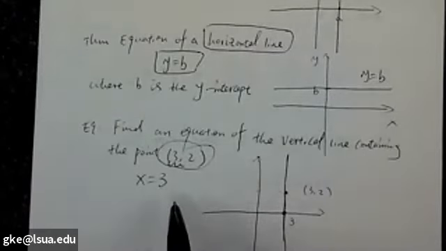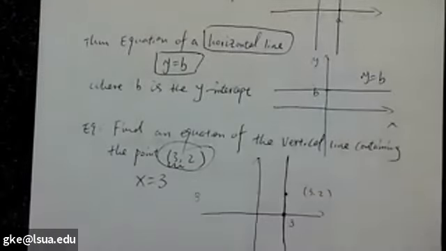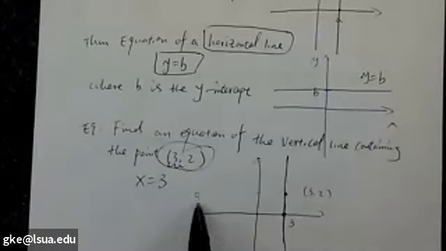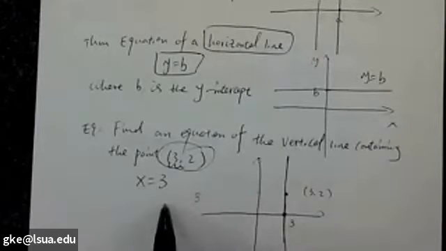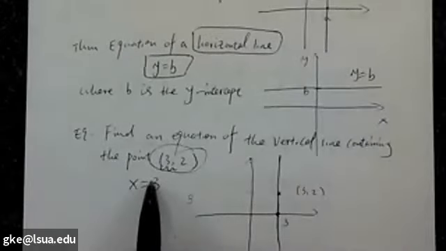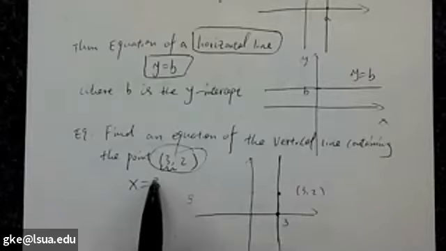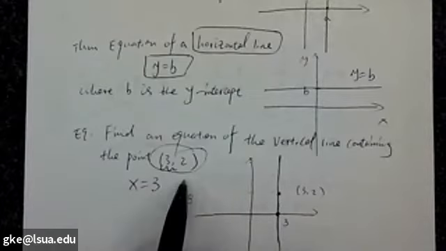Don't just give me 3. Some students in the test just give me 3. That is a value. If you just give me a 3, that's wrong. You need to write down x equals 3. That's the line equation. Make sense? X equals 3 represents the vertical line. 3 means a value.